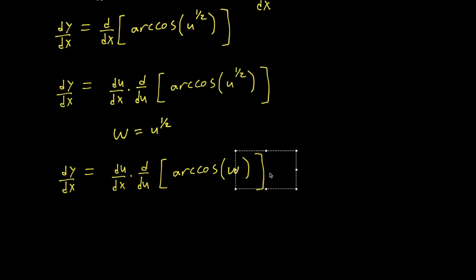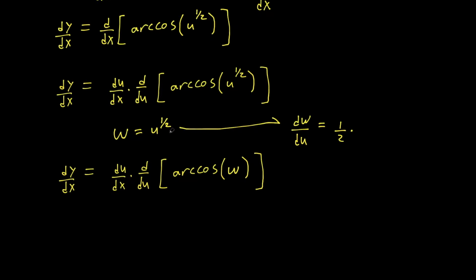Now the same thing happens here, is that we are differentiating a function which is in terms of w with respect to u. So we're going to use chain rule again, and we can use the same process as we did up there. And we can say the derivative of w with respect to u is going to be equal to, bring down the 1/2, so we have 1/2 times u to the 1/2 minus 1 is negative 1/2.